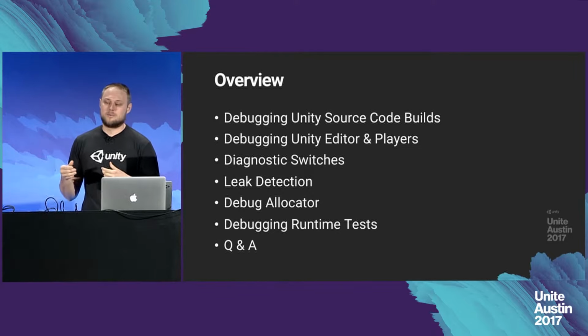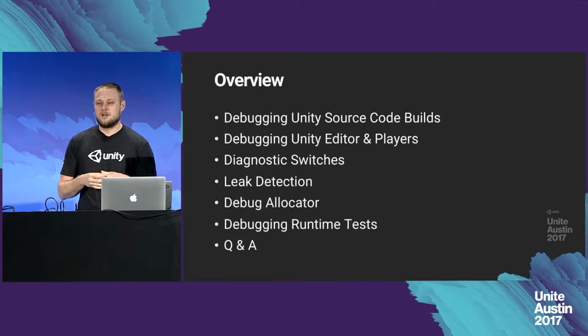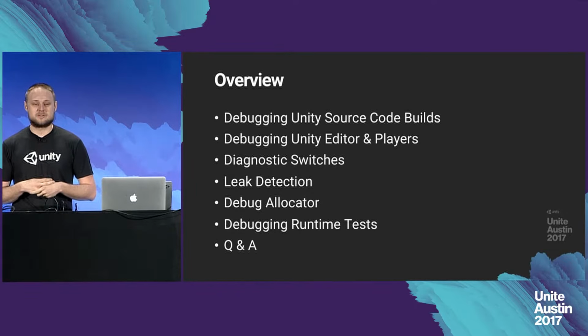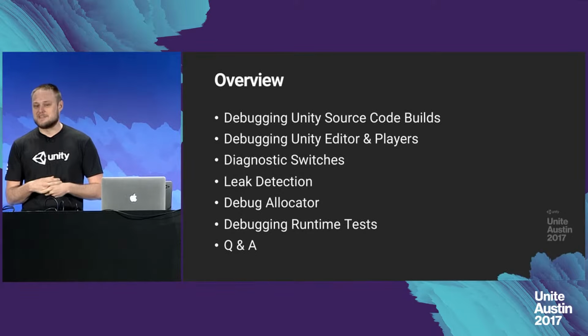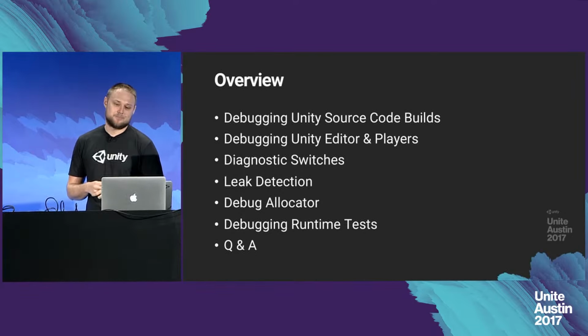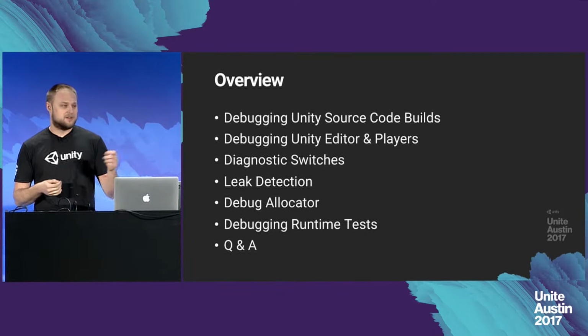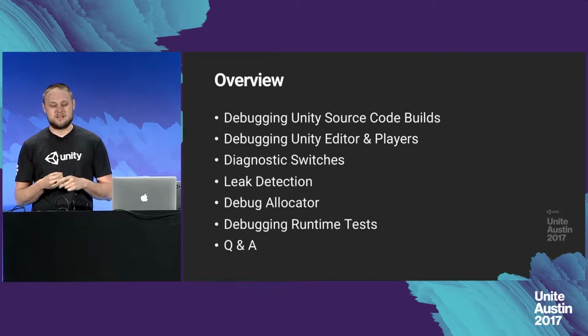But then after that, what I want to do is cover some different tips that you might not find in our documentation that can be useful to successfully debugging source code. And then I want to talk about some specific tools in our code base. You caught some hints of that in the last talk, stuff like diagnostic switches, leak detection, and debug allocators.